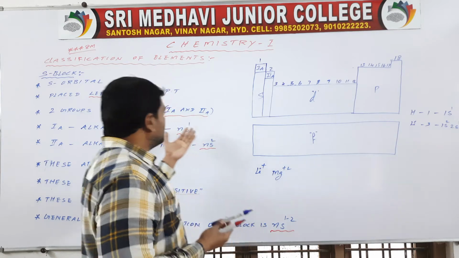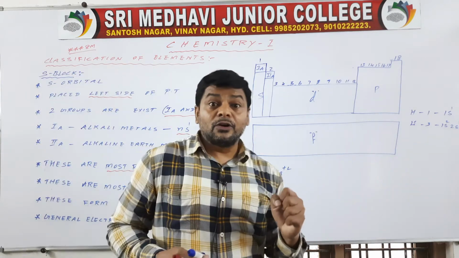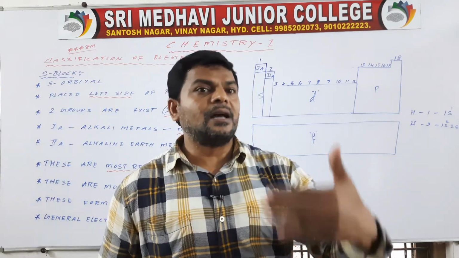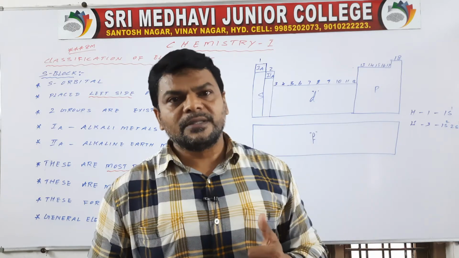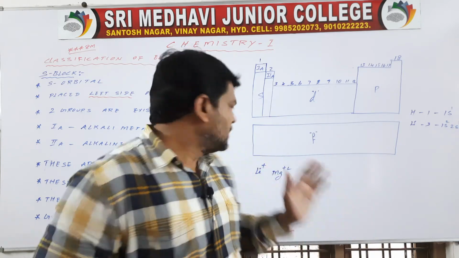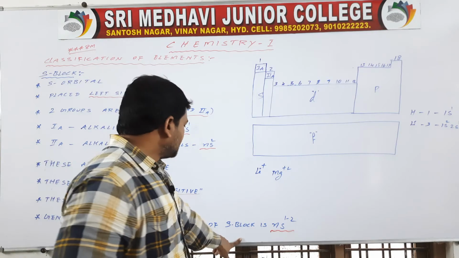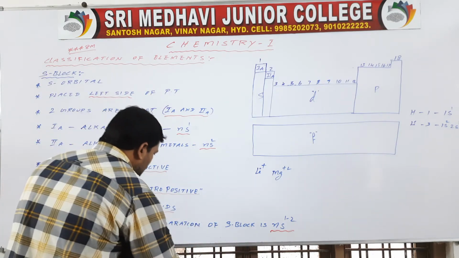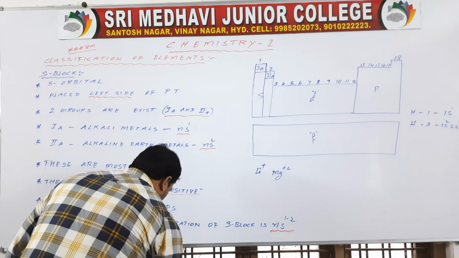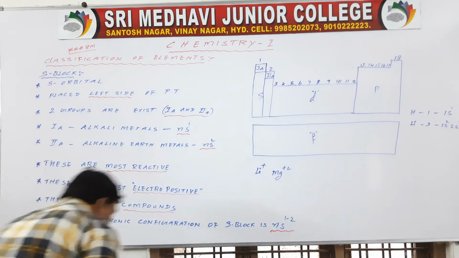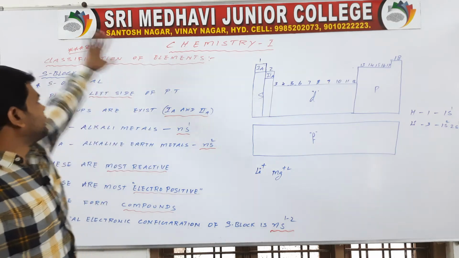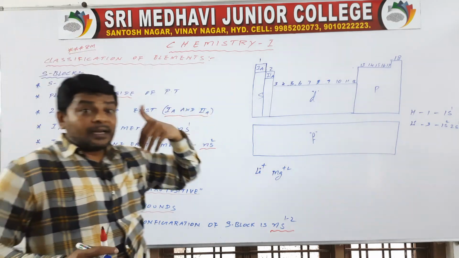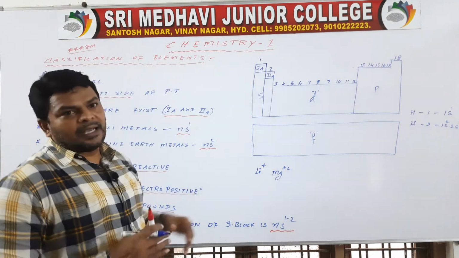So these are most electropositive elements. Why? Because they always try to lose electrons, so they form compounds. Next, their general electronic configuration is ns1-2. This is the way we may describe s block elements.